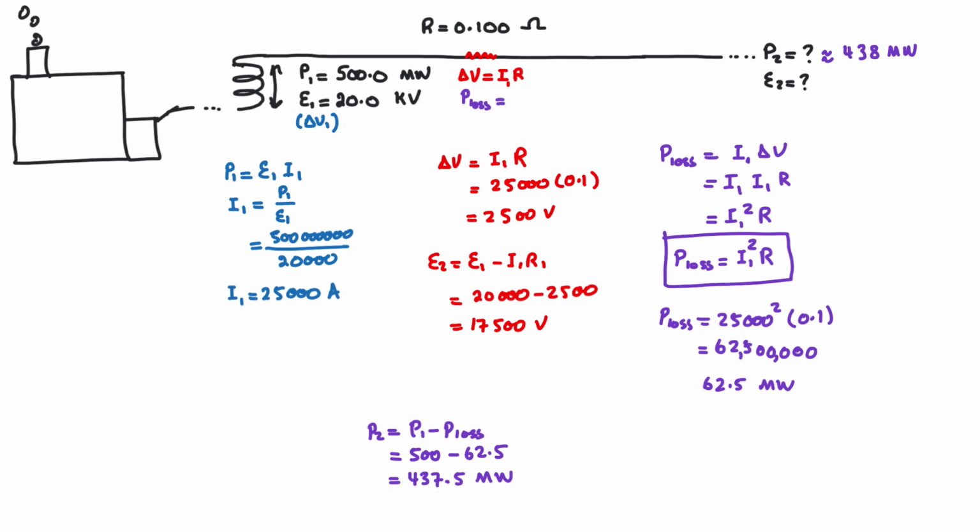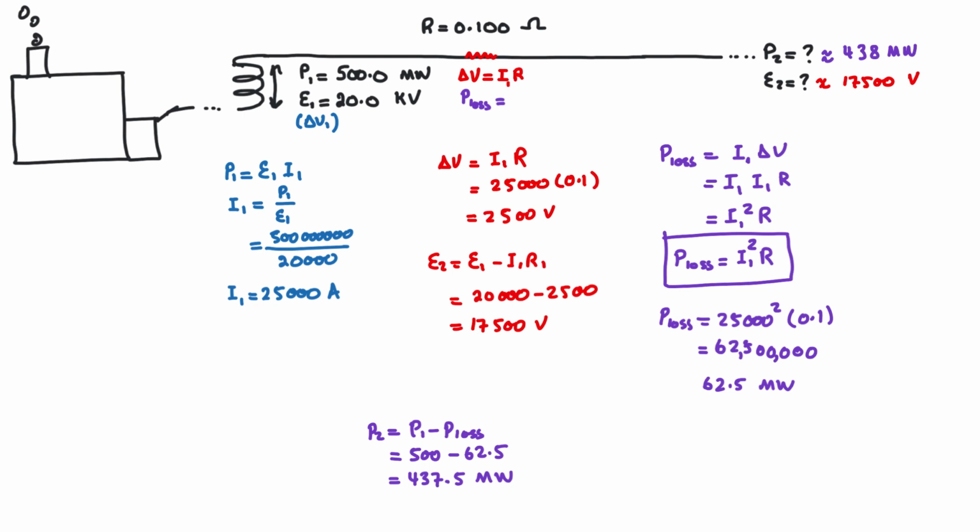And for EMF at stage 2, that's going to be approximately 175 or 17,500 volts. And those are correct to 3 significant figures.